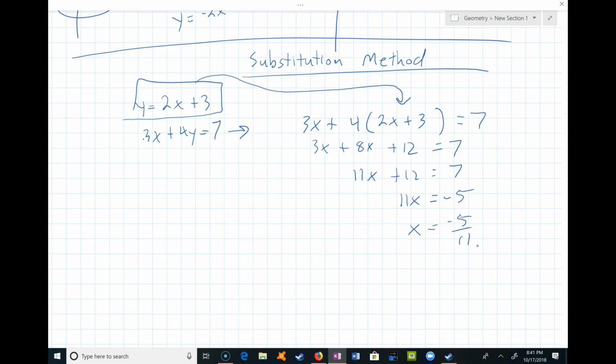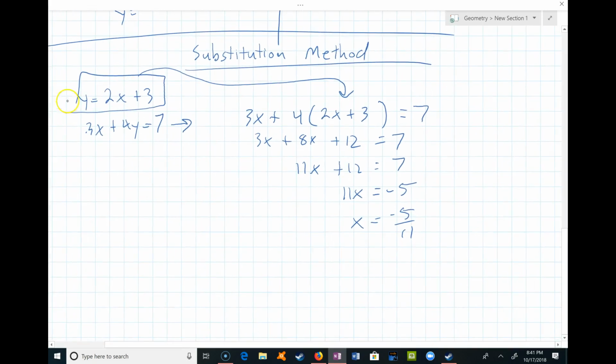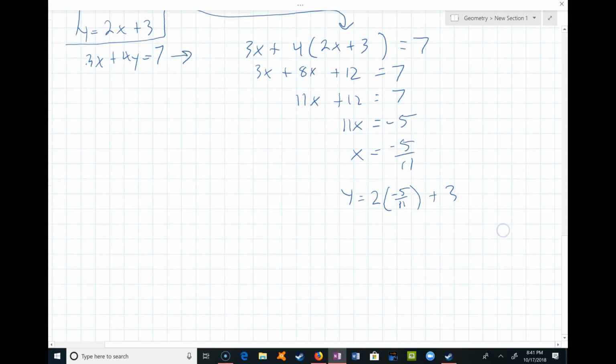But of course, in order to find y, I also need to know y. The nice thing is I already have this set up for finding y, right? So I can just say y is equal to 2 times negative 5/11 plus 3. That means y is equal to negative 10 over 11 plus 3.